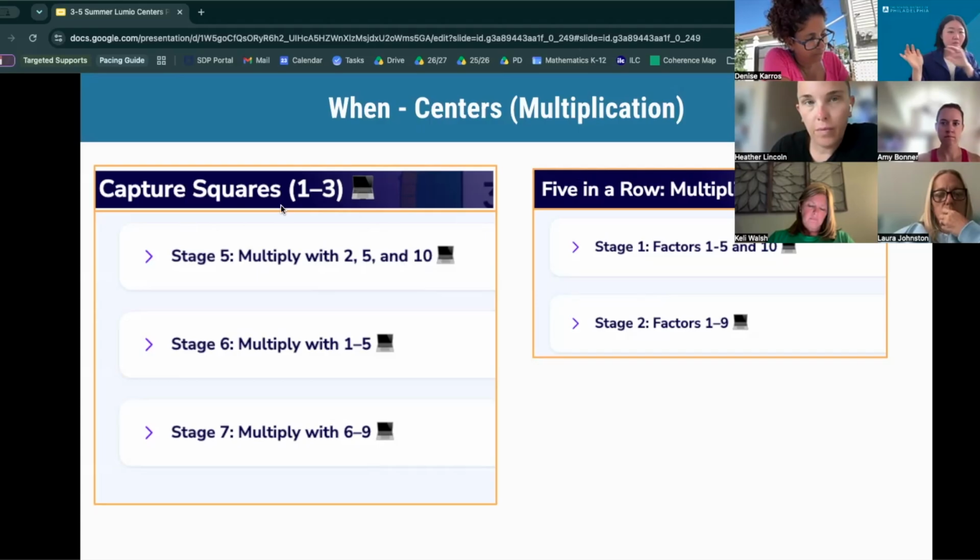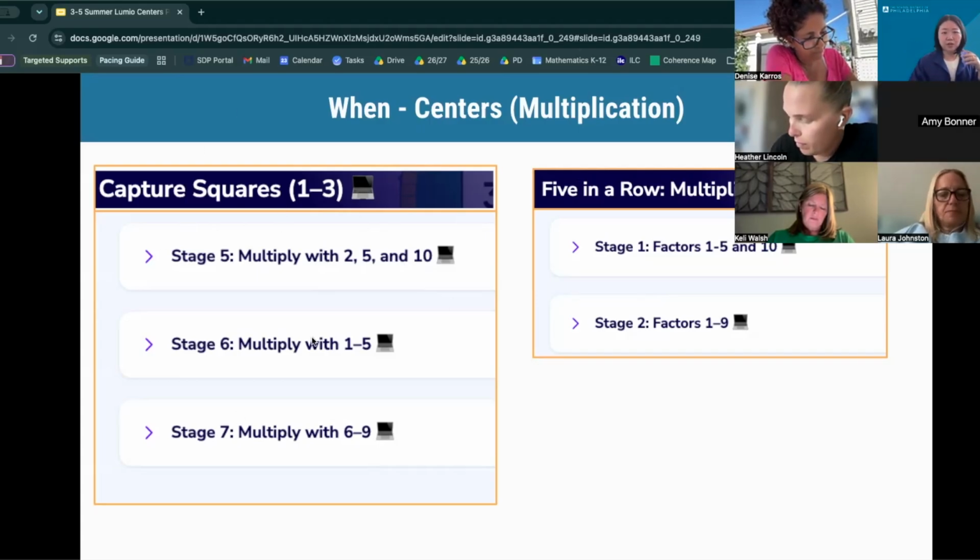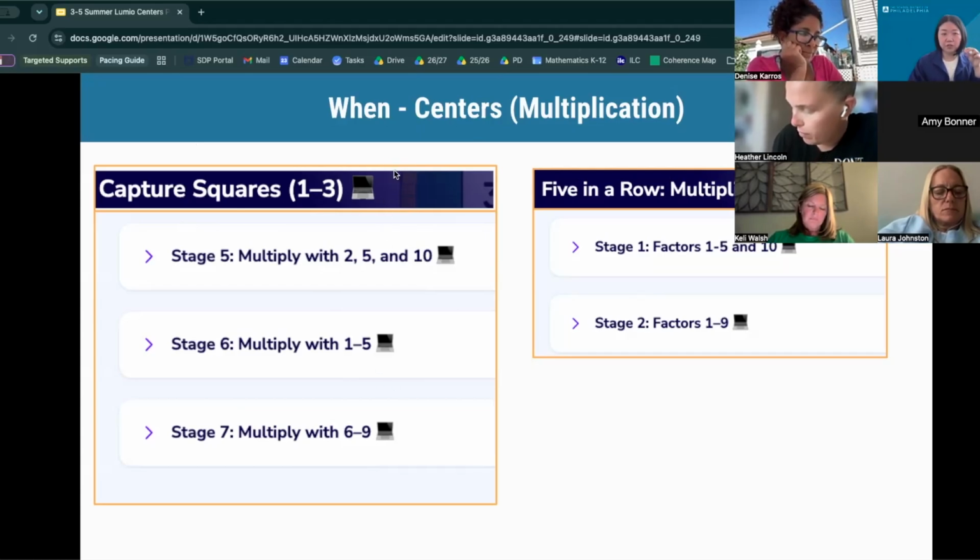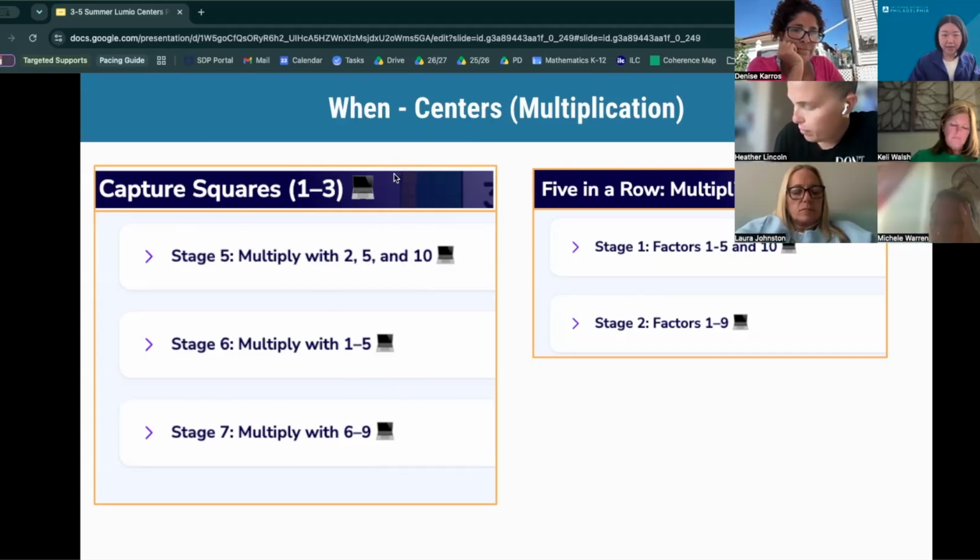As soon as that's ready, we're going to put that onto the slide and publish it. So know that Capture Squares is in the works. We've been told that it'll be ready by the beginning of the school year. But for today, Capture Squares won't be one of the options for you to practice with. Know that it's coming. And any new centers we make into Lumio, Terry will notify you through that Google Classroom that you joined today. So that's an encouragement for you to stay in that Google Classroom because things are still in the works.